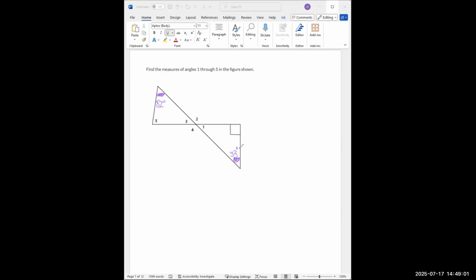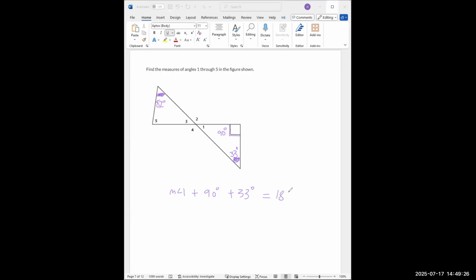And then here I've got a triangle. And in the triangle, I need 2 angles. At first glance, you might think I only have 1, but remember, this means 90 degrees. So now I know that angle 1 plus 90 plus 33 has to be equal to 180.